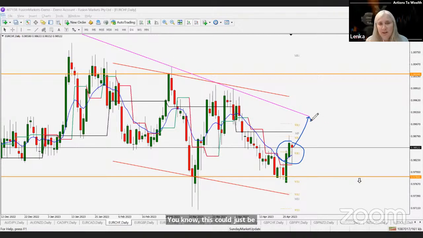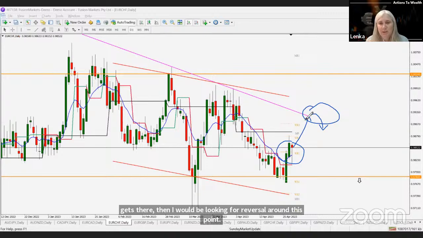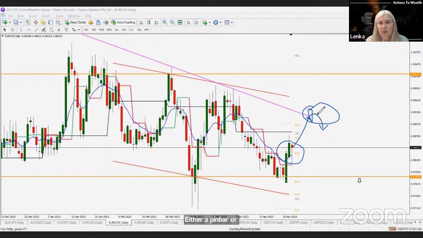But if it gets there, then I would be looking for a reversal around this point, either a pin bar or false break and retest there. So false break, something like that, and then retest, and then looking for short opportunities there.